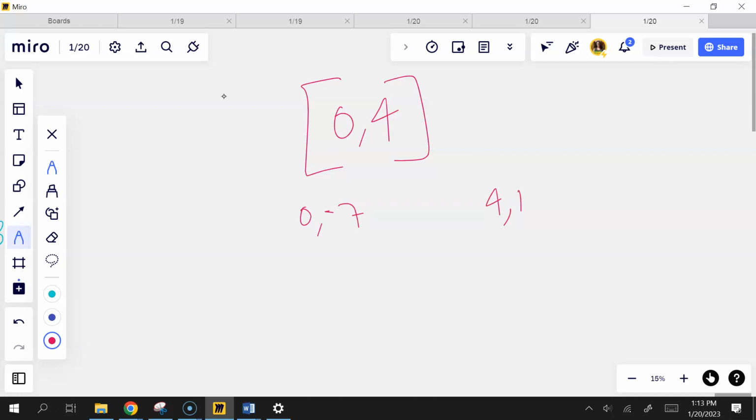So find the slope between those two. And then that number is our average. Yes.